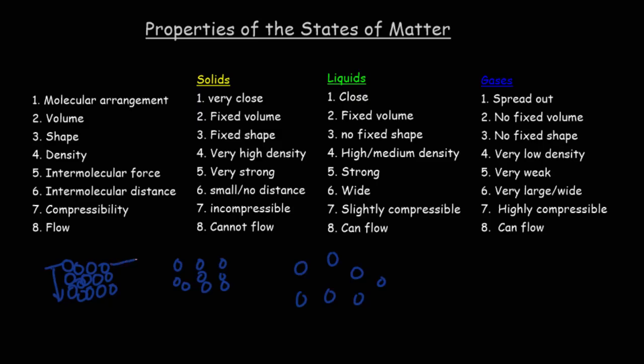So if I'm able to reduce the position from here to the bottom here, it means that I've been able to compress the substance. Generally, because of no distance between the molecules of solids, it is difficult to compress solids.